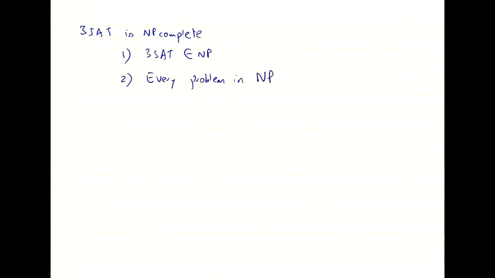Right, so if you want to say 3-SAT is NP complete, what we want to do is we want to prove that, of course, it's in NP. This is easy. And then we want to prove that every problem in NP, let's take any problem A in NP, you want to say that A reduces to 3-SAT.